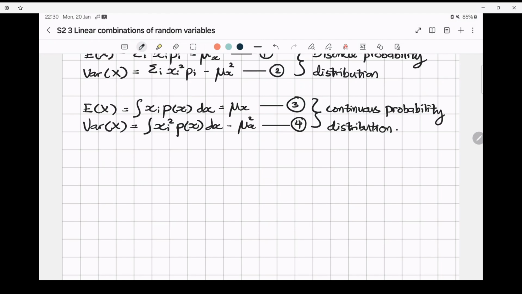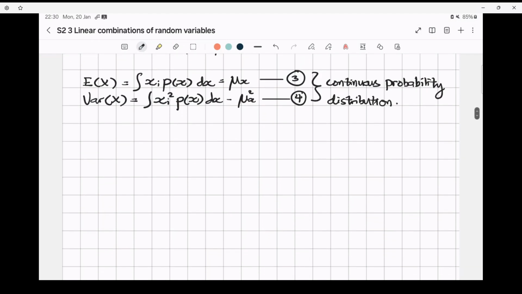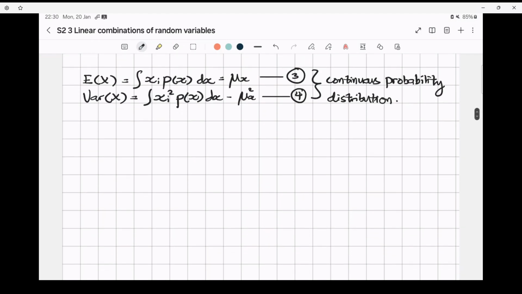So basically in this chapter we want to derive certain identities. The first one, case 1: let's say you have Y equals a constant a multiplied by your random variable X, plus b.